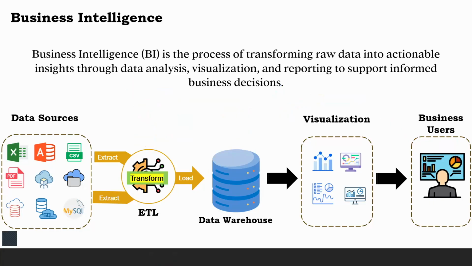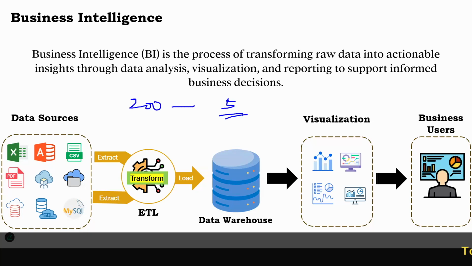So transformation can be anything. It can be something like deleting unwanted columns. Let's say you have 200 columns in a table, but you're hardly going to use 5 columns out of it. Will you be loading 200 columns? No. I'm just going to use 5 columns out of it. So I'll remove unnecessary columns.